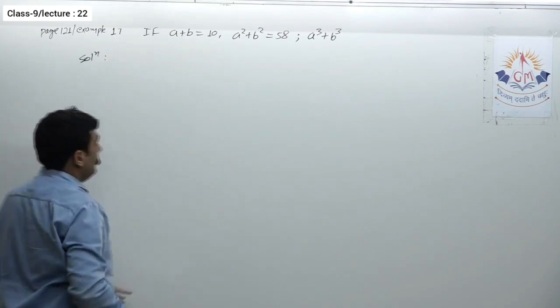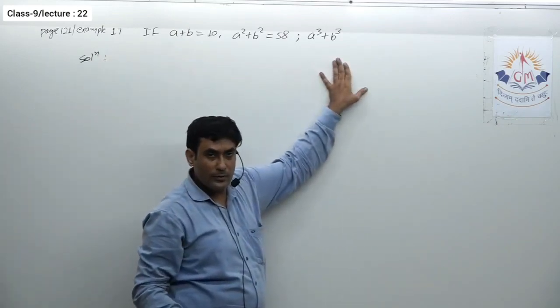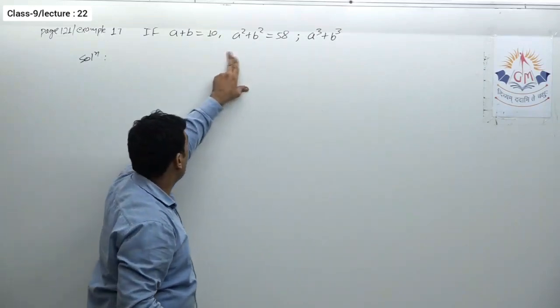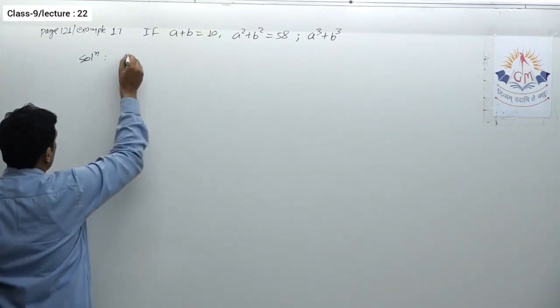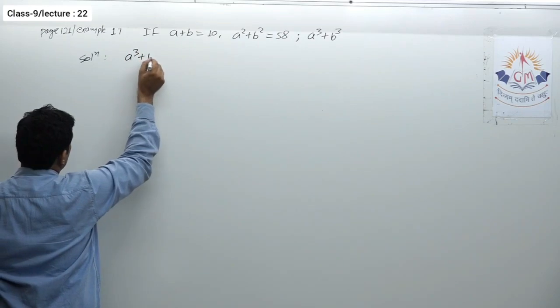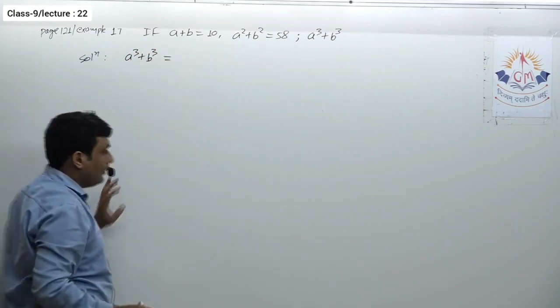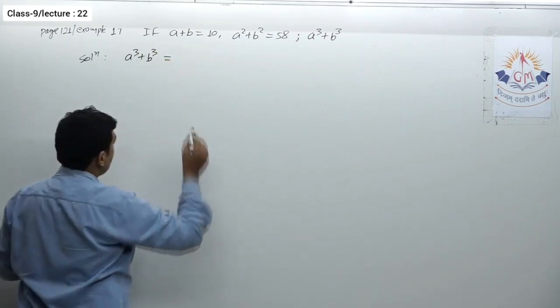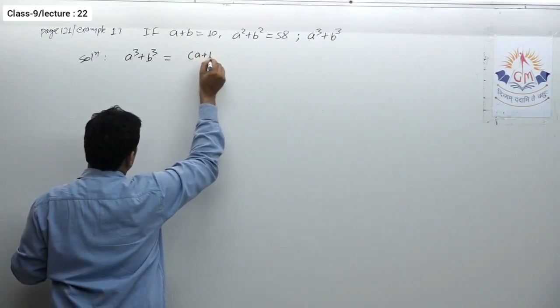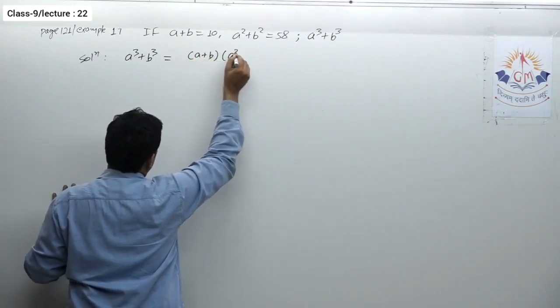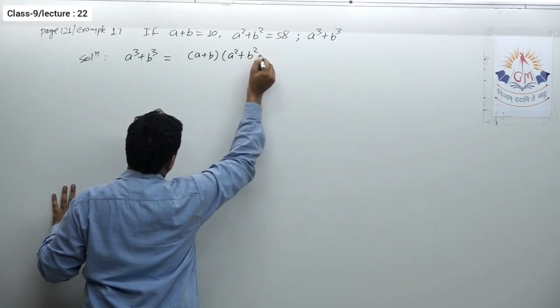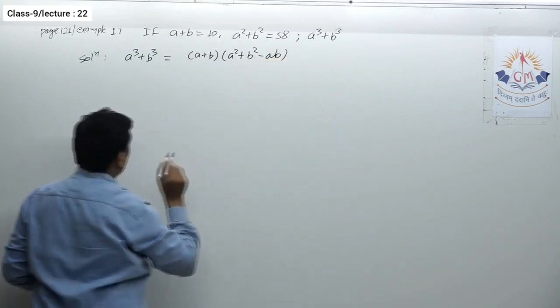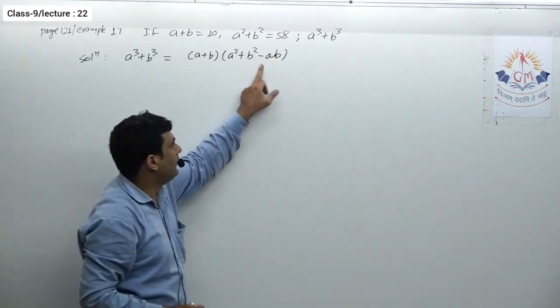So a cube plus b cube is to be obtained, and a square plus b square and a plus b are given. So we can start with this a cube plus b cube. As I told you, there are two identities. The very first identity is a plus b, then a square plus b square minus ab. If I apply this identity, I need the value of ab.